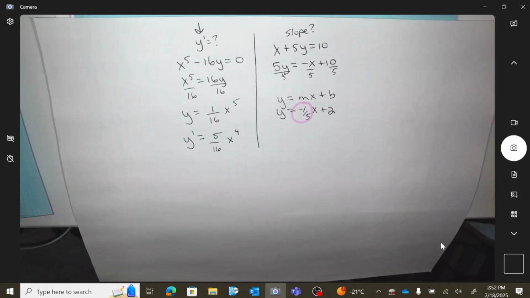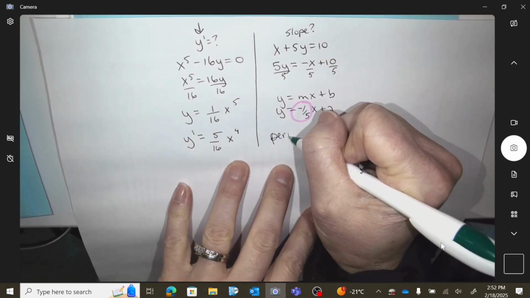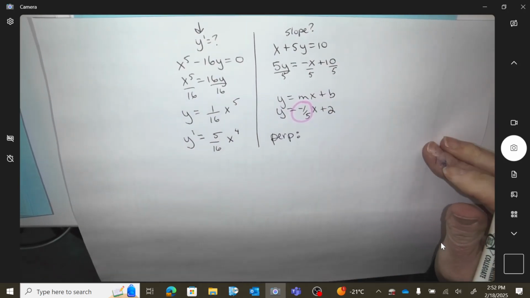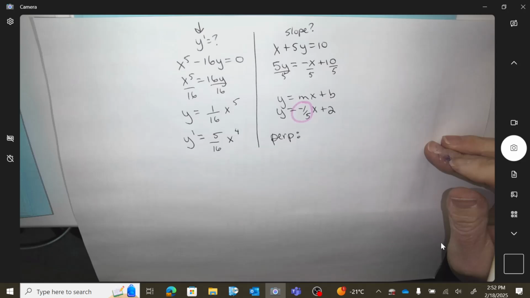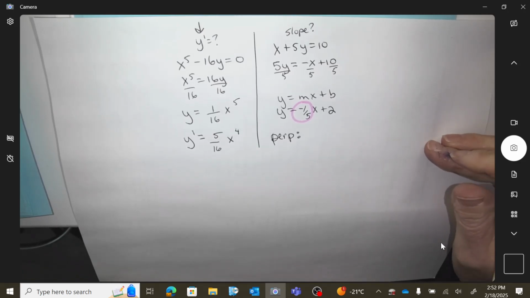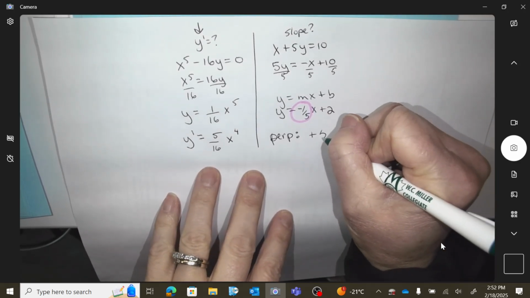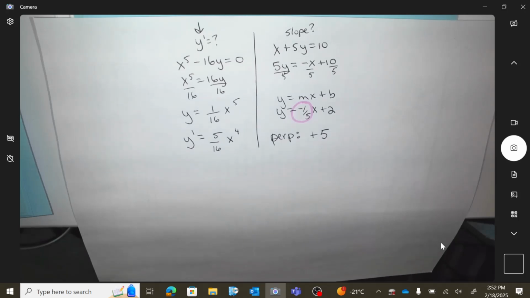Okay, what was your criteria? You want it to be perpendicular. So what kind of slope would you like? Flip it, change it. So I'm positive 5. Okay, what should I do now?